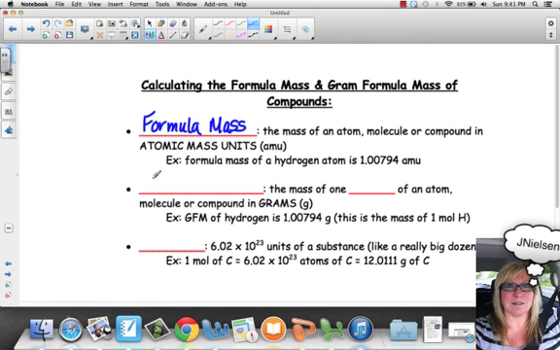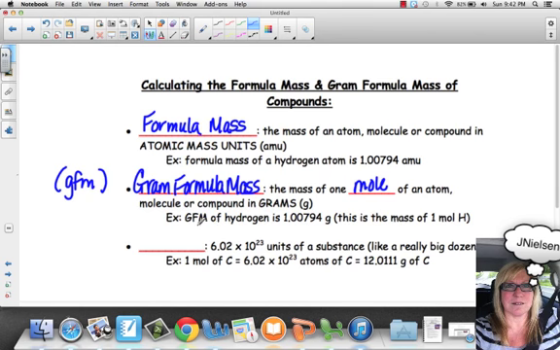Now, if I'm talking about gram formula mass, and this is also referred to, you'll see me do this, GFM. GFM, gram formula mass, is the mass of 1 mole of an atom, molecule, or compound in grams.